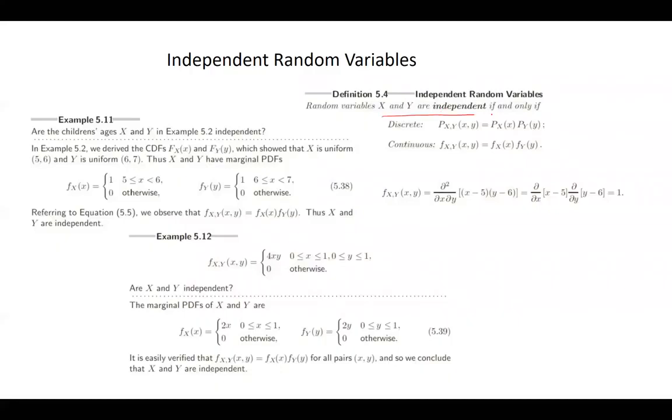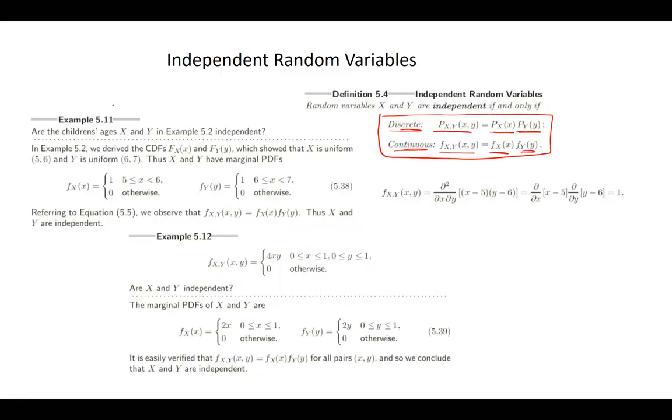We always check these conditions. For discrete random variables, joint PMF should be equal to multiplication of marginal PMF of random variables x and y. For continuous random variables, the joint PDF should be equal to multiplication of marginal PDF of x and y.